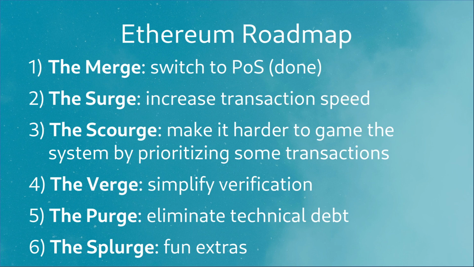Sharding is, simply said, splitting up the blockchain into multiple blockchains that can be processed in parallel. Rollups are about not doing all the work on the blockchain, but trying to do as much as possible outside of the blockchain, and then only storing on the blockchain what is needed, so as little as possible.